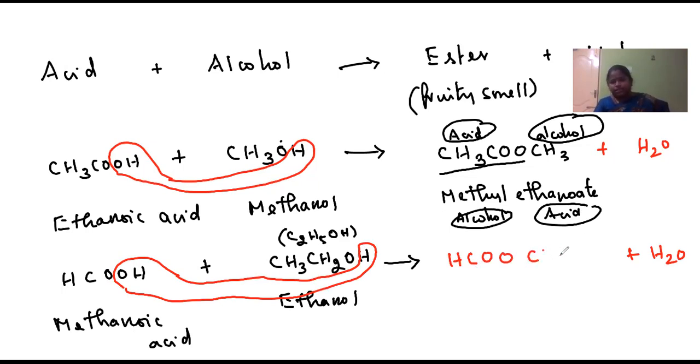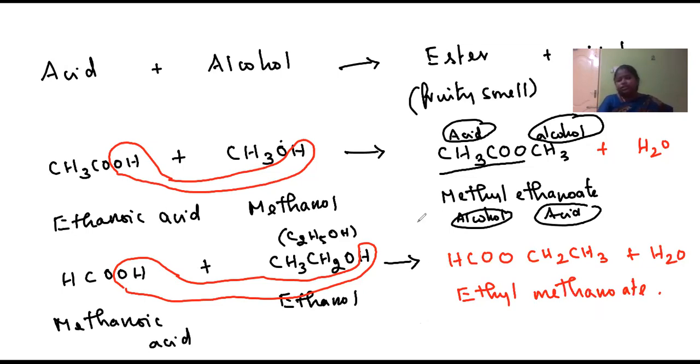See here, this is alcohol, this is acid. But while naming it, how will you name it? Ethyl methanoate. Alcohol group first, then acid. Alright? This is how we have to write the esterification reaction.